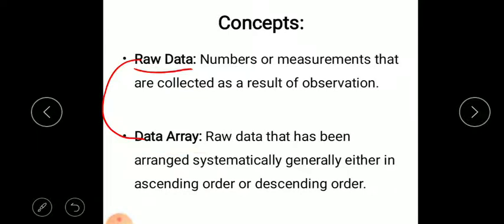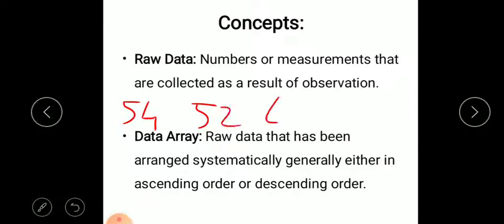Suppose the heights of these students are 54 inches, 52 inches, 60 inches, 48 inches, and so on. I'm taking only 4 students here. When you're talking about 1000 students, it becomes difficult. So we generally arrange this data in either ascending order or descending order.